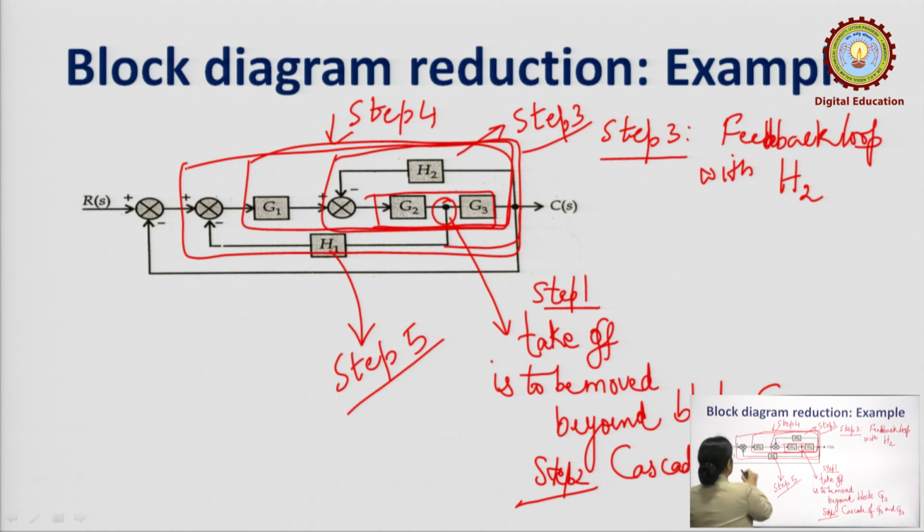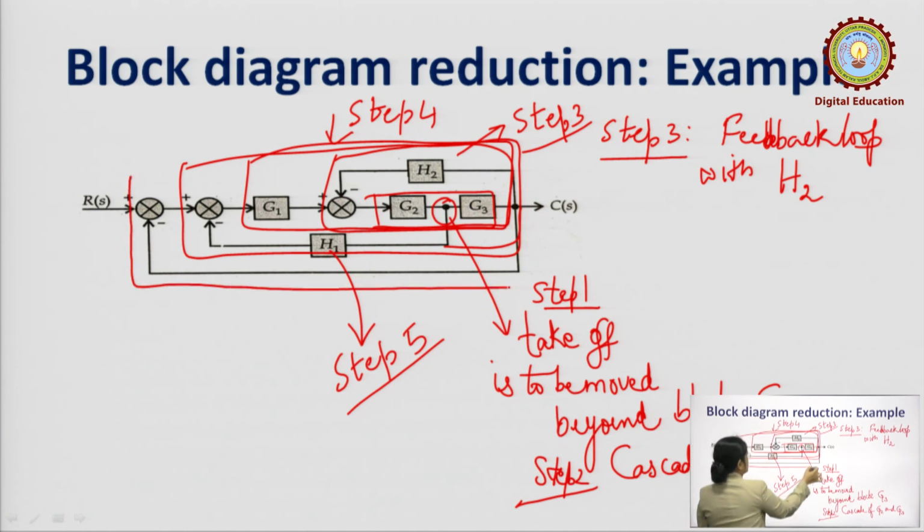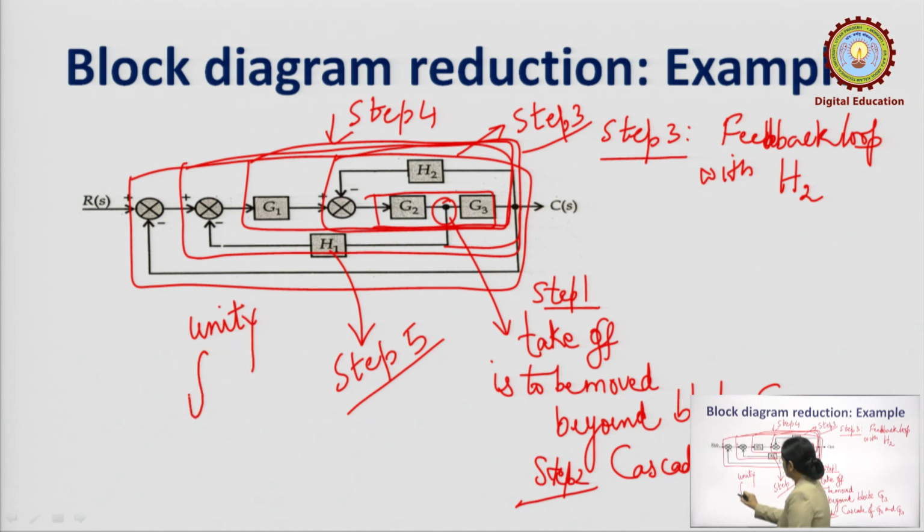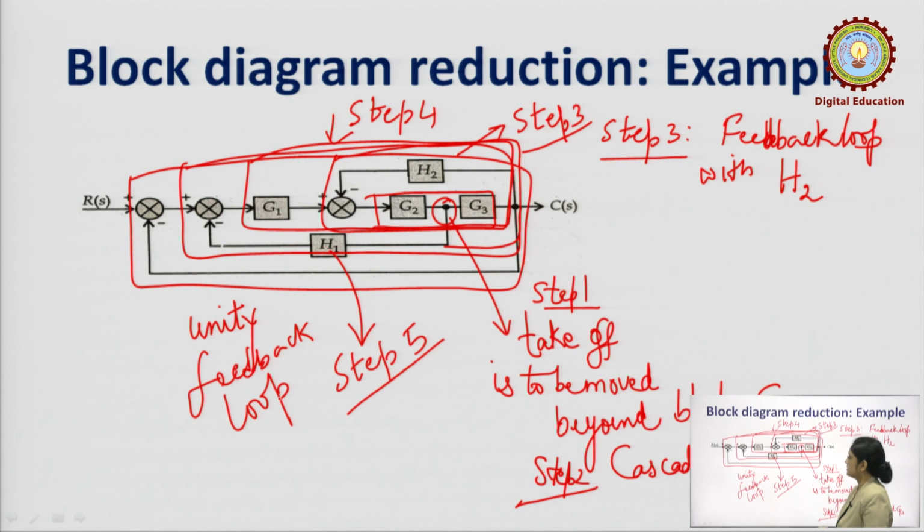So, this becomes the final combination with the feedback loop of 1. It is termed a unity feedback loop. So, this gives us the final transfer function. Let us check what this final transfer function is.